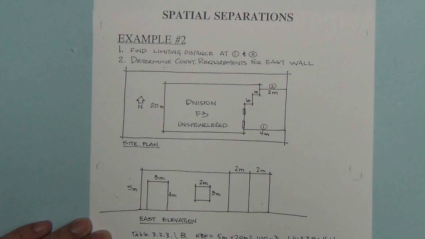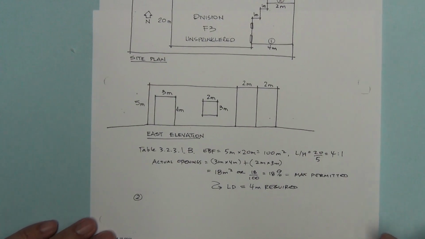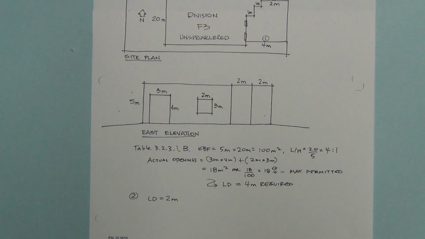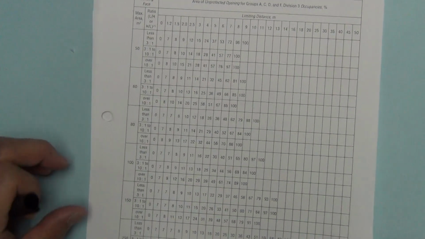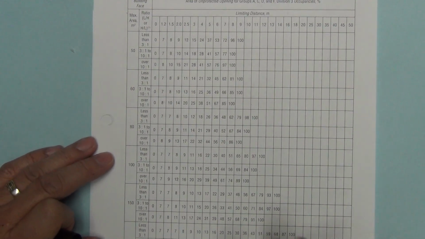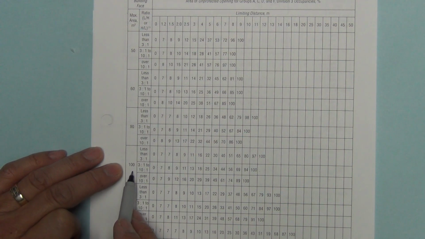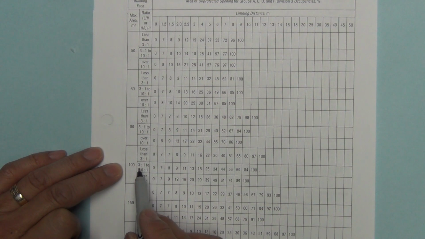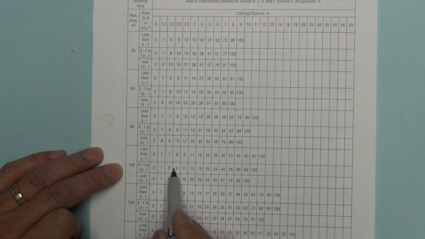So question number 2 would be, using limiting distance being 2 meters, and the same table B, okay, so the parameters being 100 square meters, building face, L over H being 4 to 1, so we're in this middle sub-row. And at 2 meters away, we find the permitted openings is 9%.